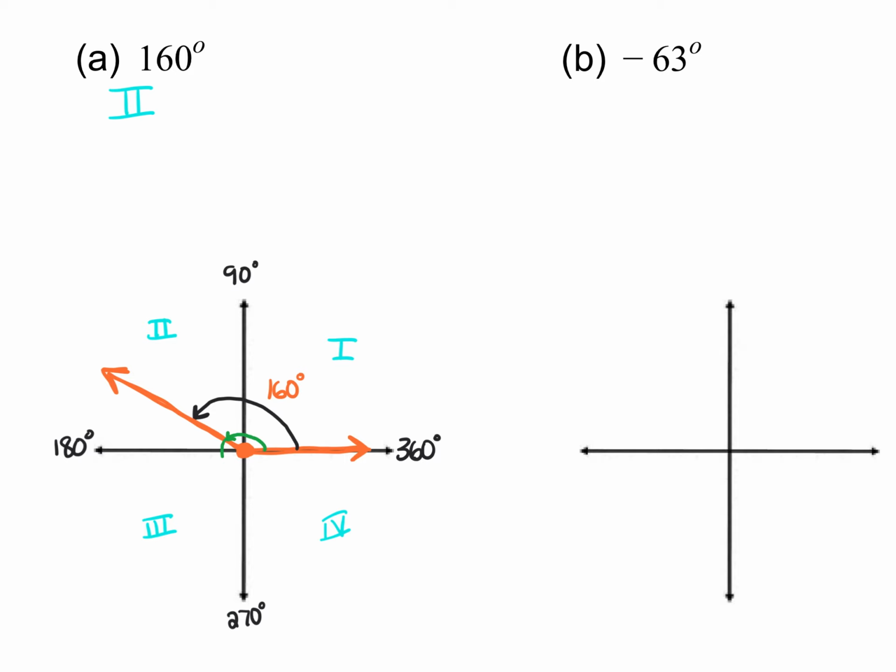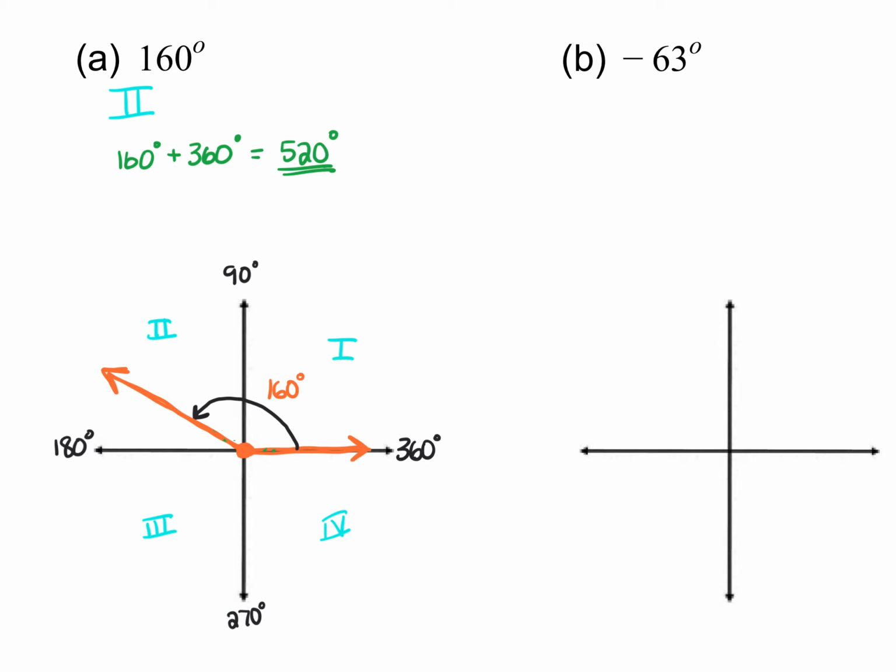But I'm going to keep on going all the way around one more time. So what I've done is a complete rotation, one total rotation, which is 360 degrees. And then I added on the 160-degree angle that I stopped at initially. So what I have is a total rotation of 520 degrees. This is a positive coterminal angle.